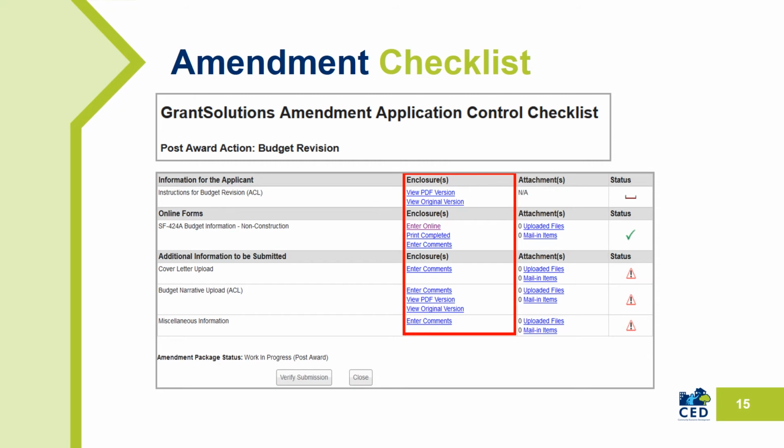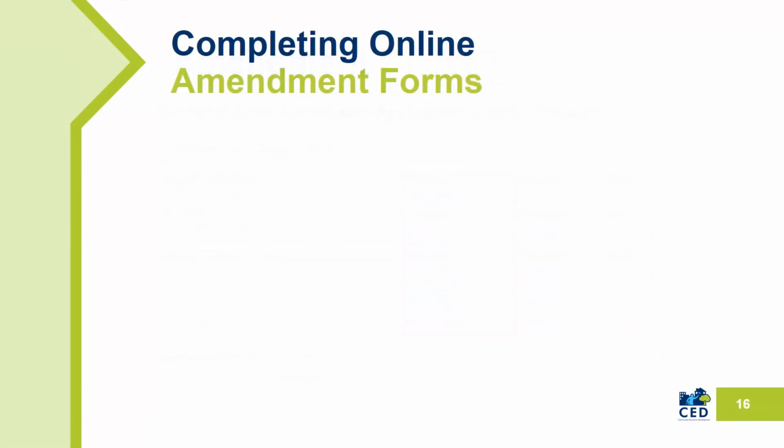Notice the Enclosures column. This is where you will complete each section of the checklist by selecting the Upload, Enter Online, or Enter Comments links. After you select Enter Online, this screen will populate.